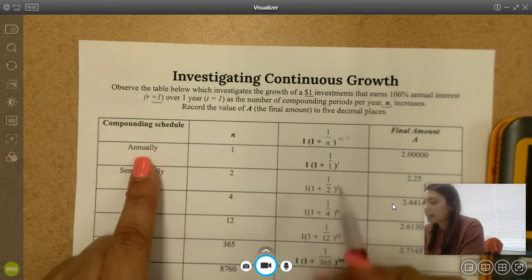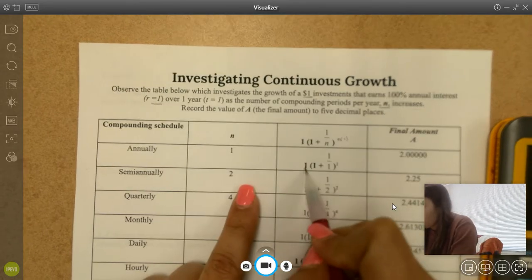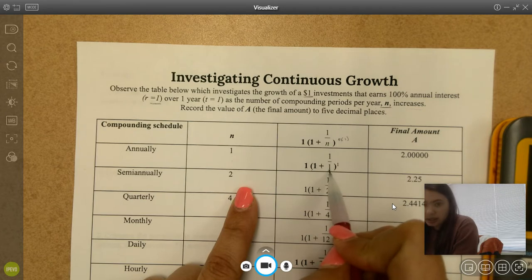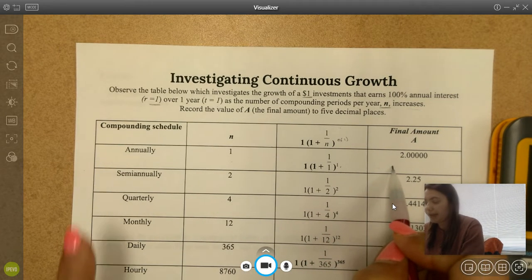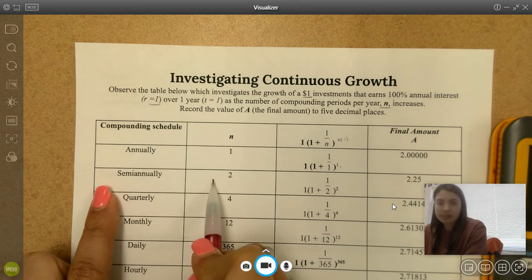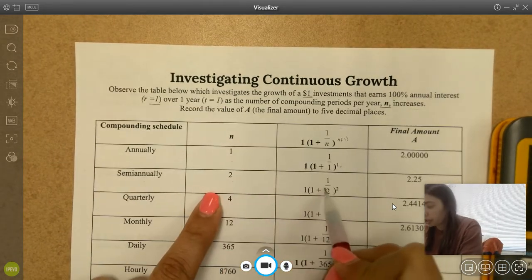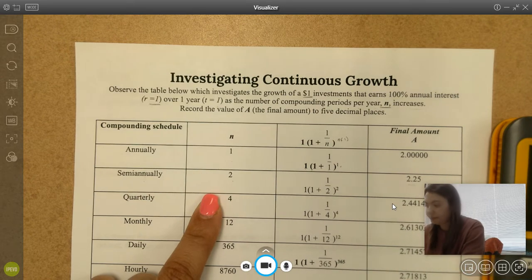So if we look at something that grows just once, annually, 1 times 1 plus 1 over 1 to the first power is just 2, okay? Well, if something grows semi-annually, that's happening twice per year. So our new n value is 2, and that becomes the value of 2.25.